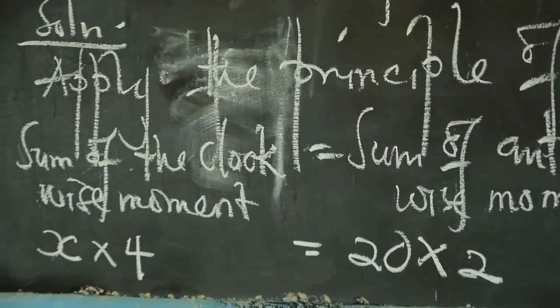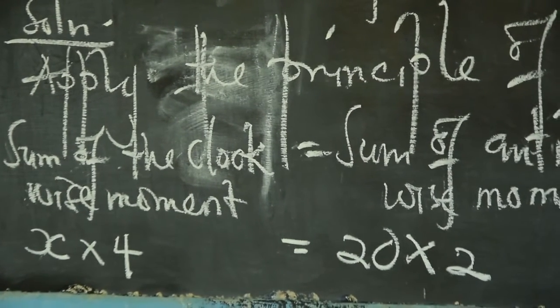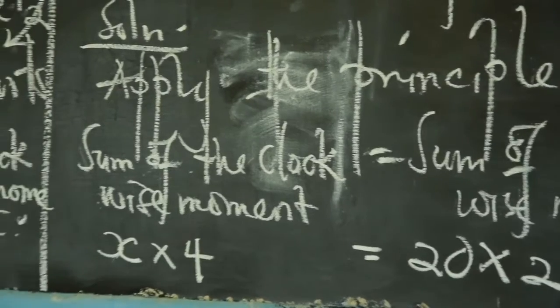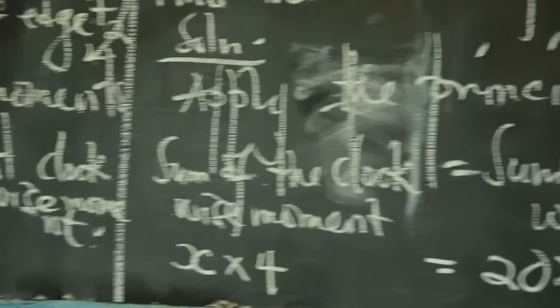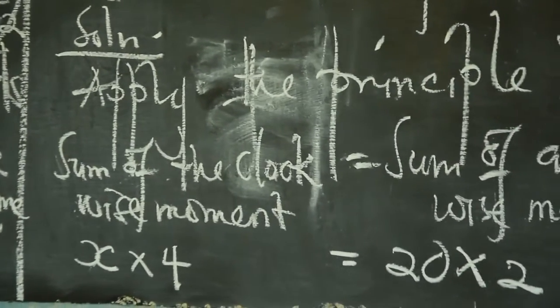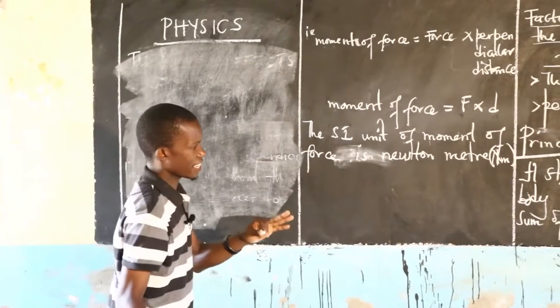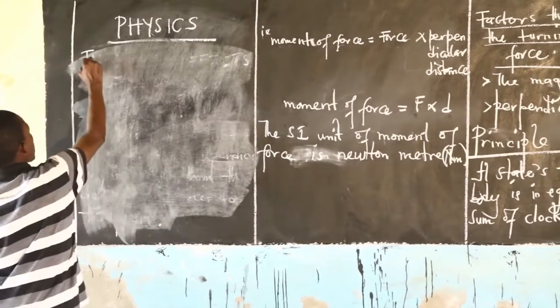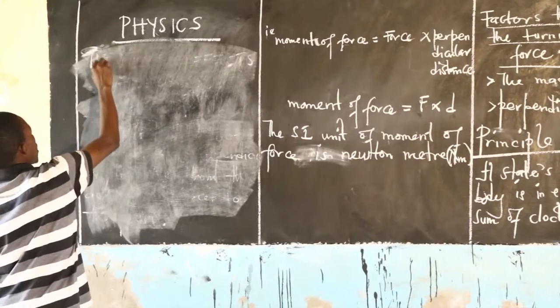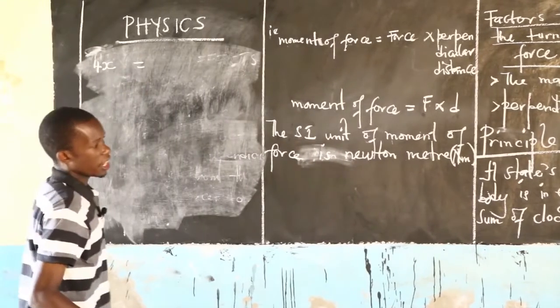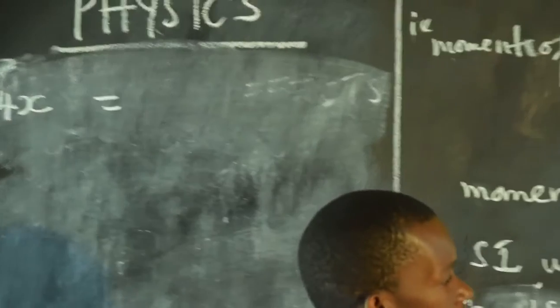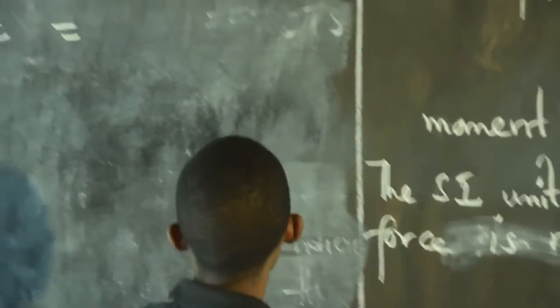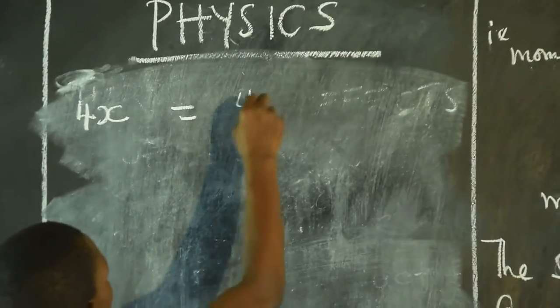We are going to multiply and we get the correct answer. We have x times 4, we have 4x is equal to 20 times 2. We are going to multiply to get 40.